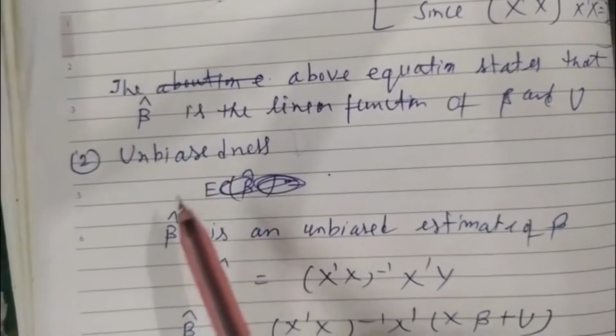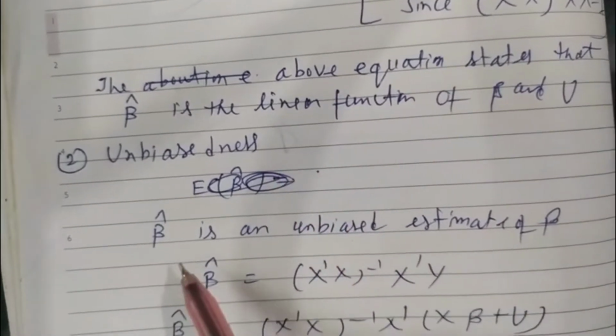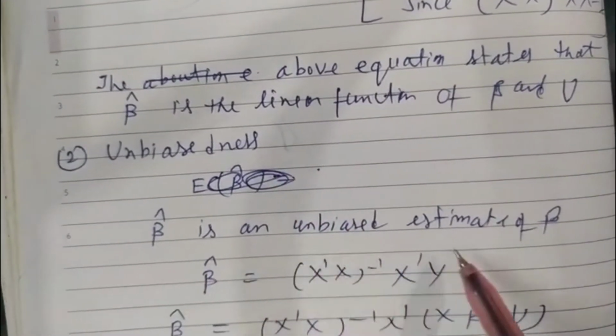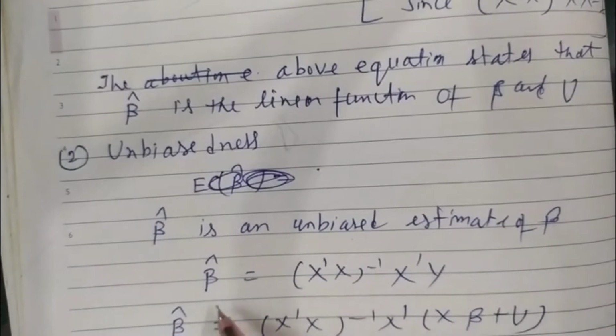Second property: estimators are unbiased. Estimated beta is an unbiased estimate of beta.